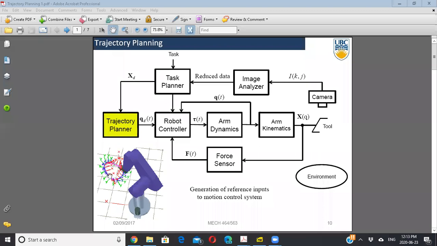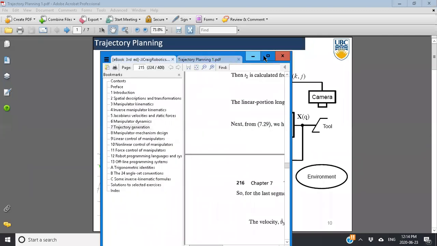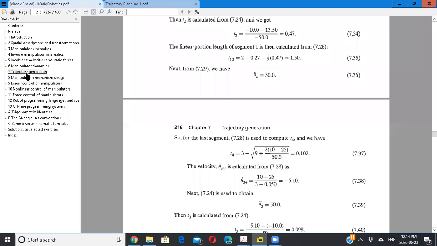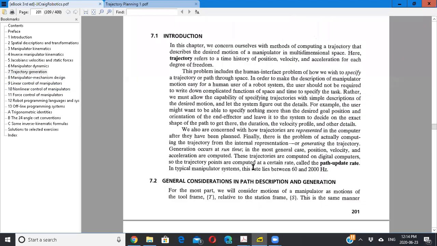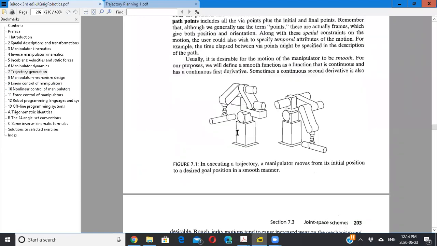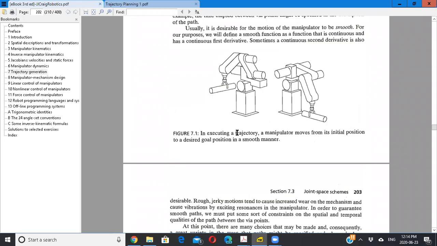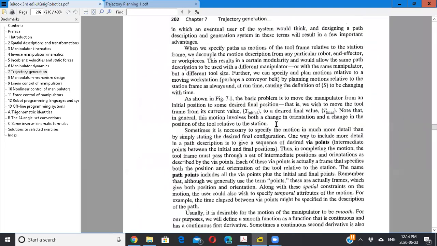And if it can be achieved, then how? So this block deals with it. And there is a complete chapter on this in the textbook, chapter number 7, that's called trajectory generation. So I want you to read this introduction. It's very important.